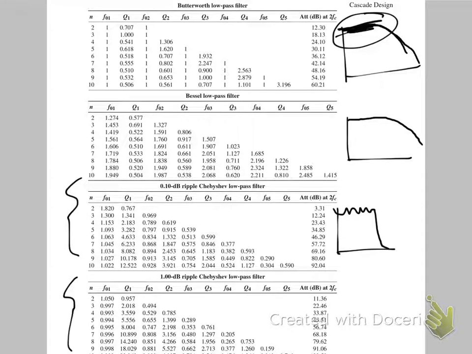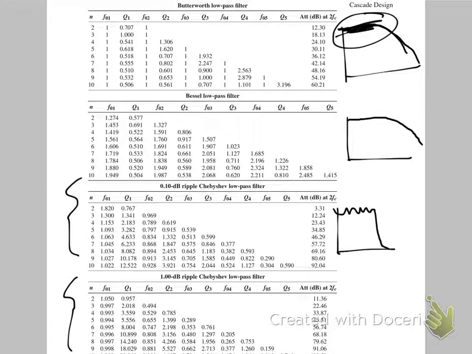Let me try that again. Your Chebychev has ripples in your pass band, and you can control how much ripple you want by choosing to design from this table or from that table. And there's also another table for 3 dB, but that's another story.